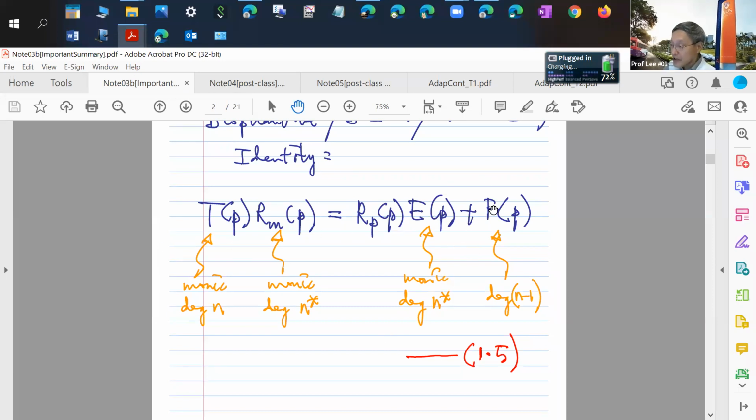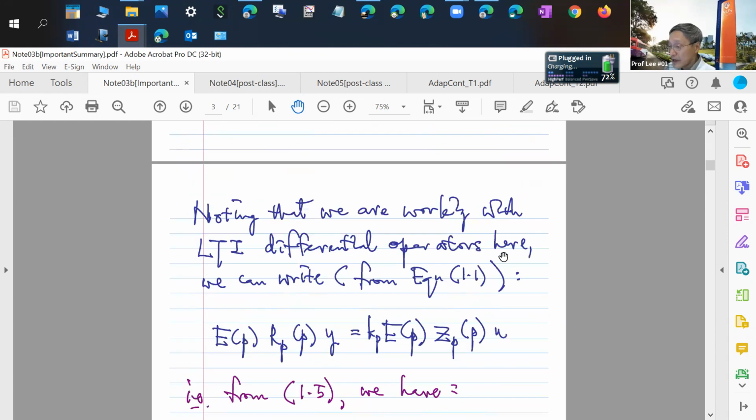All right, and most important, as you try to work with differential operators, you need to be very careful. All right, that here this will work indeed with linear differential operators, and they should be time invariant differential operators. Right, so once you have that, no problem.